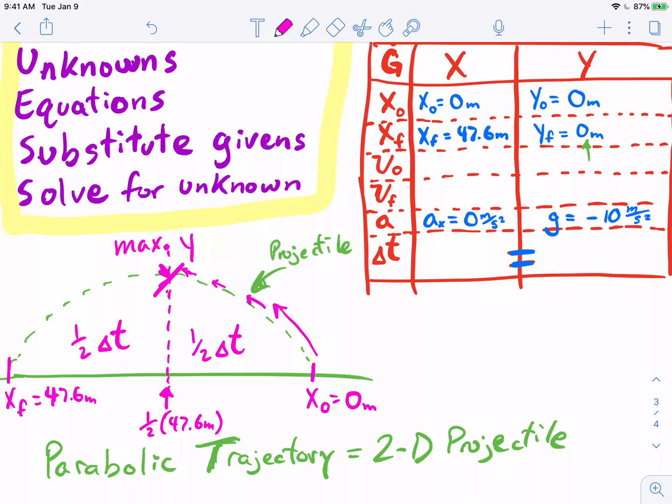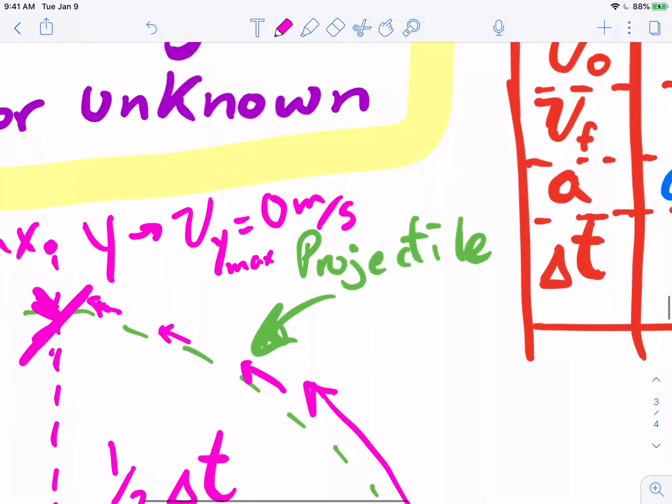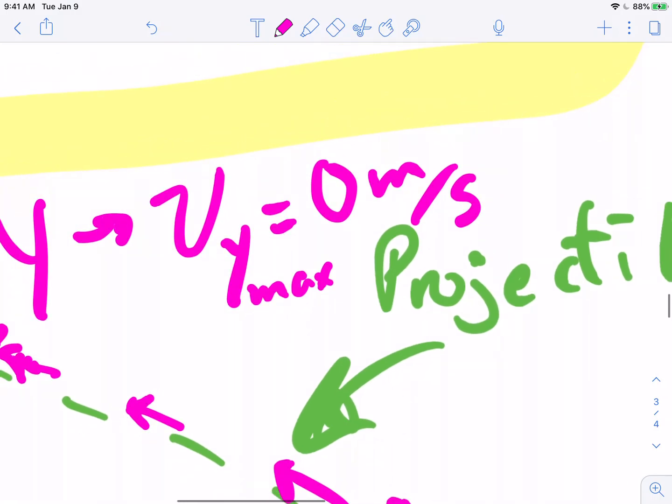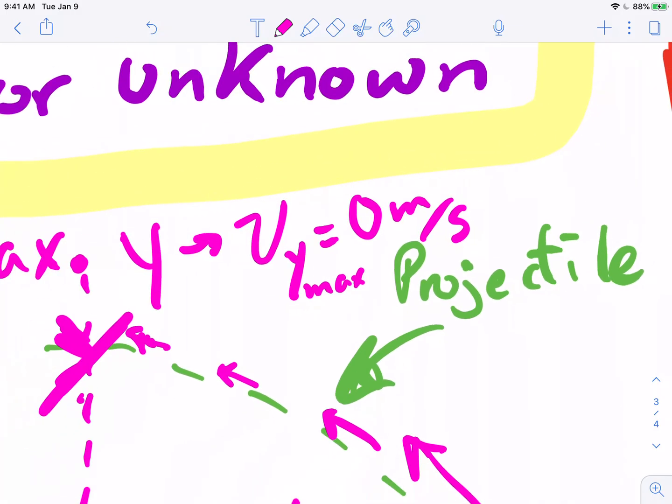At that vertical height, this is really cool, your velocity y for one instant, we call it instantaneous velocity, is 0 meters per second at that location. So at Vy max, I'll put a tiny little max there, we'd say your velocity at your vertical maximum position is 0 meters per second.